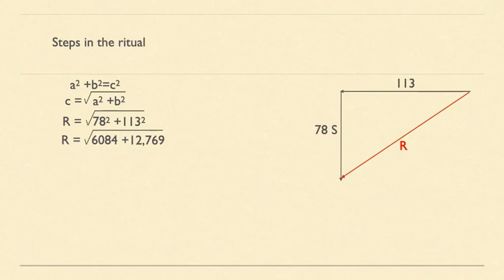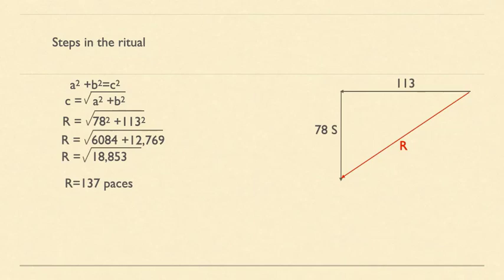So the expression now becomes the resultant is the square root of 6,084 plus 12,769. If we grab our calculator and add those 2 together, we see that the resultant is now the square root of 18,853. And again on our calculator, just hit the square root button and we find that Holmes and Watson really only needed to walk 137 paces.